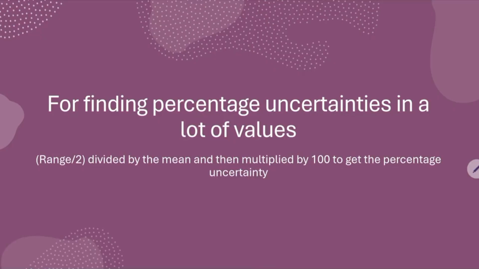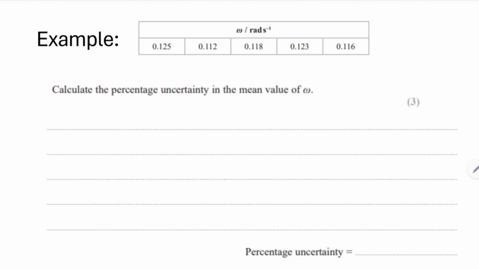And finally, for finding a percentage uncertainty in a lot of values, we'll need to do the range divided by 2, divided by the mean and multiplied by 100. In this case, we have a question which states to calculate the percentage uncertainty in the mean value.